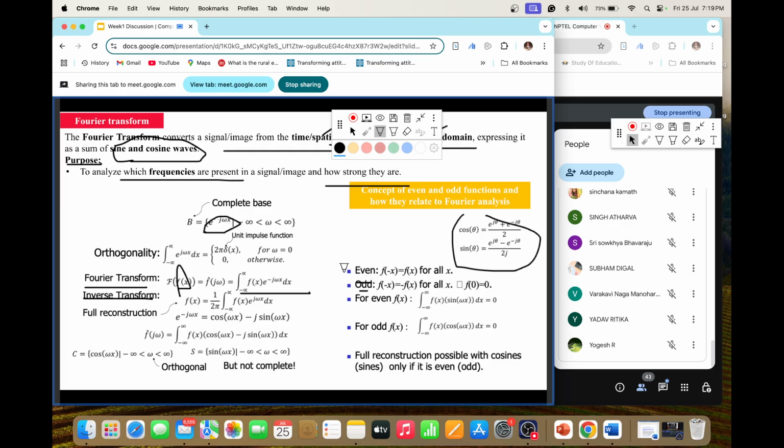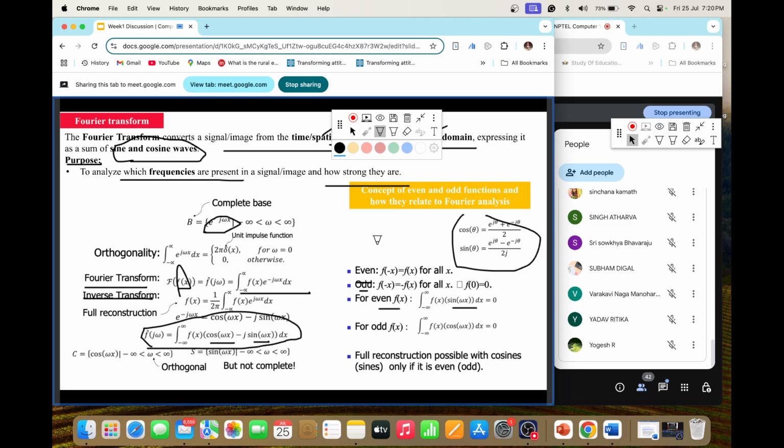Now why we are introducing even and odd functions is because you can see this is the Fourier transform, and it has two parts: one is cos omega x and the other is sin omega x. Now if you multiply the function with sine of omega x, for an even function, sine omega x is an odd function because sine of minus x is equal to minus sine of x.